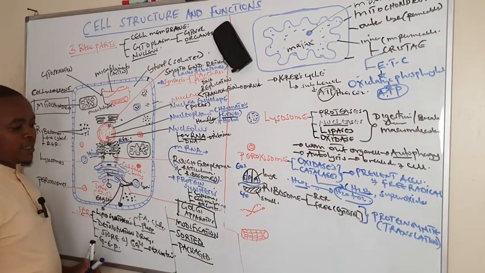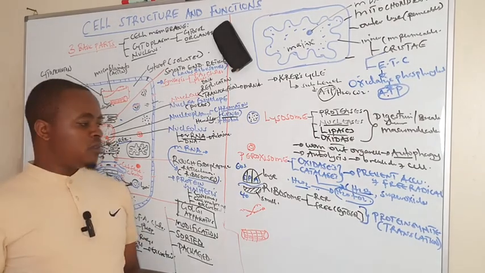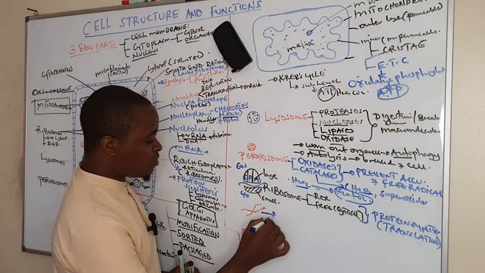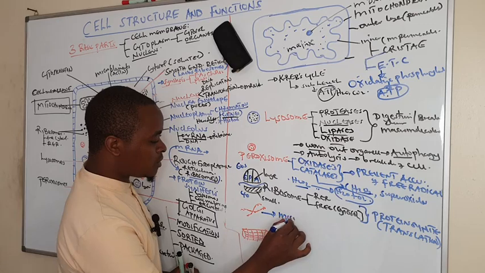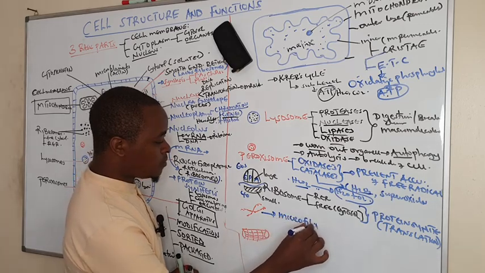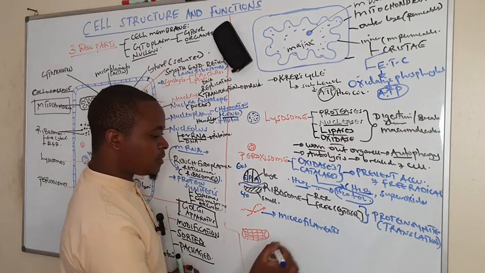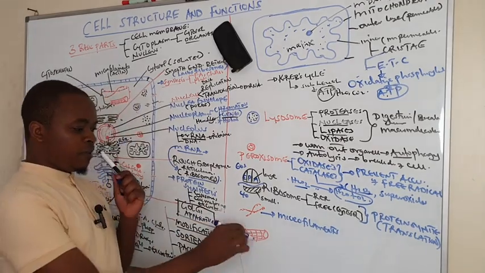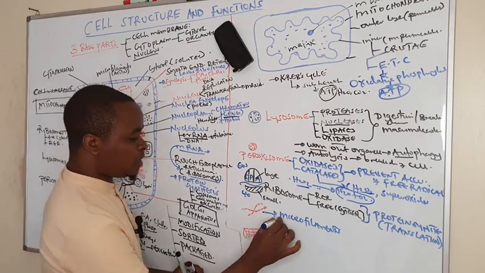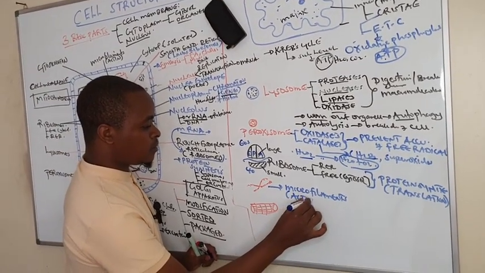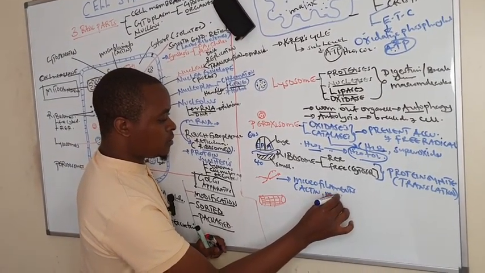Then the last one is the cytoskeleton of the cell, which contains what we call microfilaments. We have the microfilaments, which contain actin and myosin.